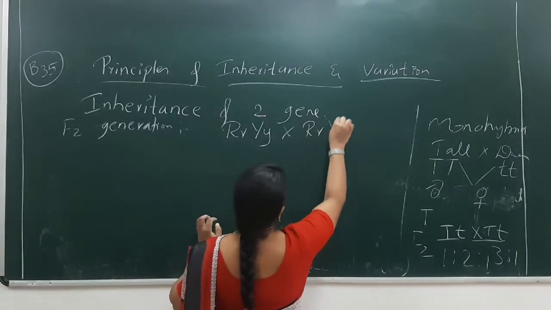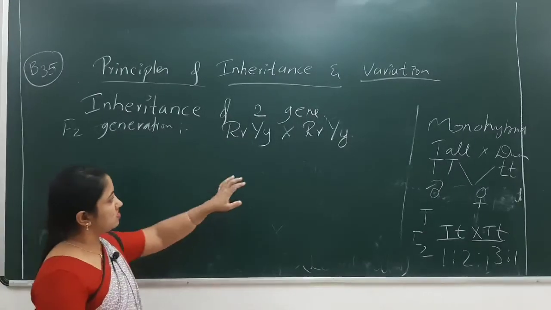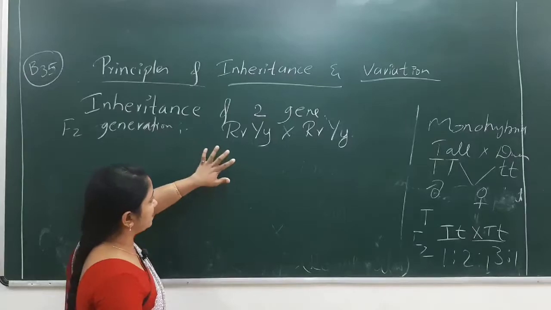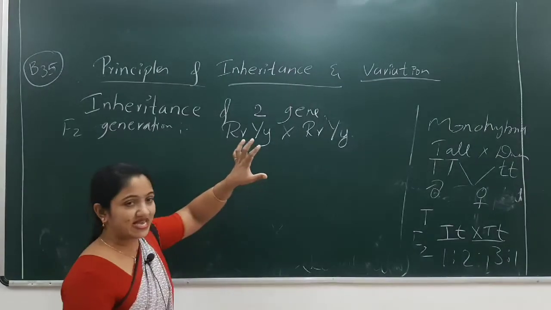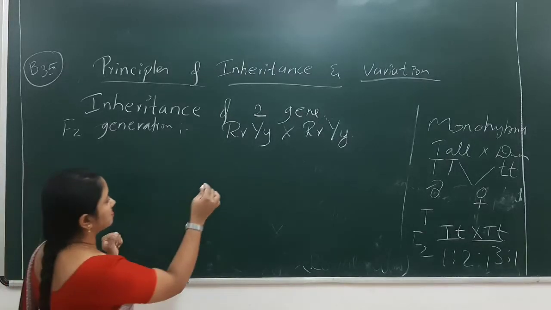Capital R, small r, capital Y, small y. Got it? So, we have to take the gametes of it. How the gametes segregate? So, there is the twist.